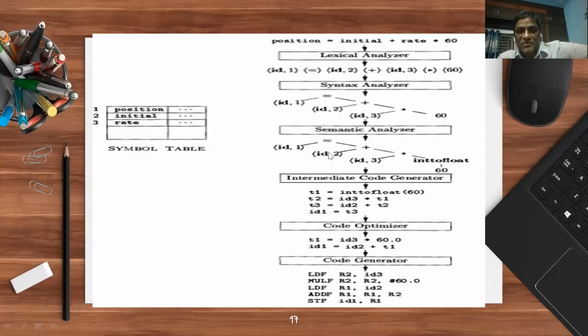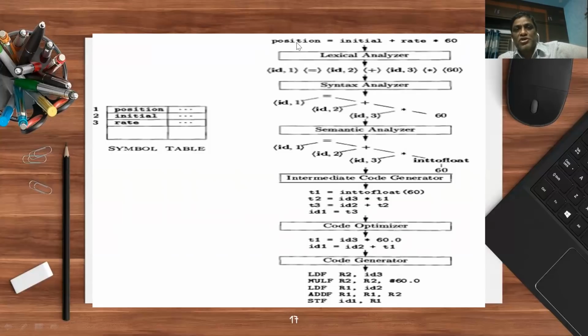There are 6 phases shown here, and let us assume that the statement we want to compile is this one: position is equal to initial plus rate into 60. This is the statement written in your programming language, and I want to convert this into the target language.